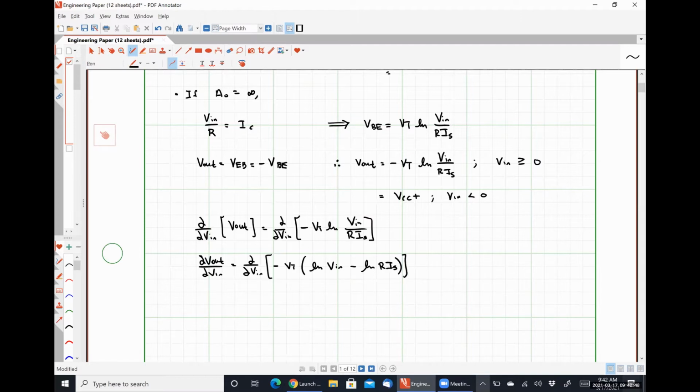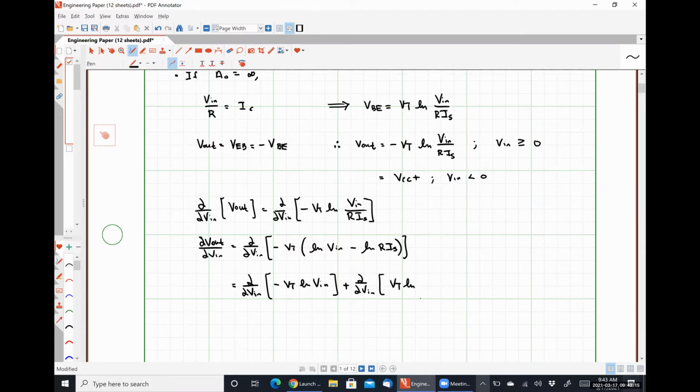And I can write this a little bit better. Partial with respect to Vn of negative Vt natural log Vn, plus partial with respect to Vn of positive Vt natural log R times Is.